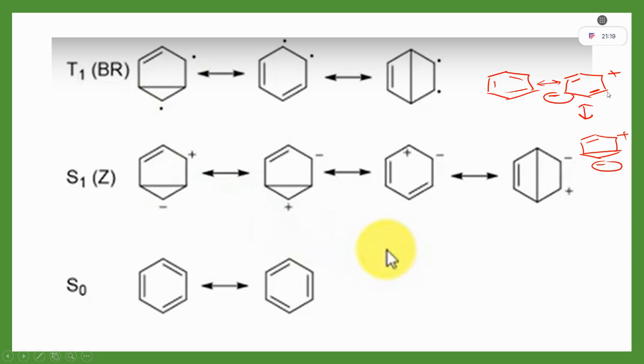And you can see the other resonating forms. How? Let's say here positive charge is there, here negative charge is there, okay? So this time you have to put the negative charge outside this system. So you first quench the positive charge, and you will get this type of species. Here you will get the same species, but now you have to put that positive charge in cyclopropane.